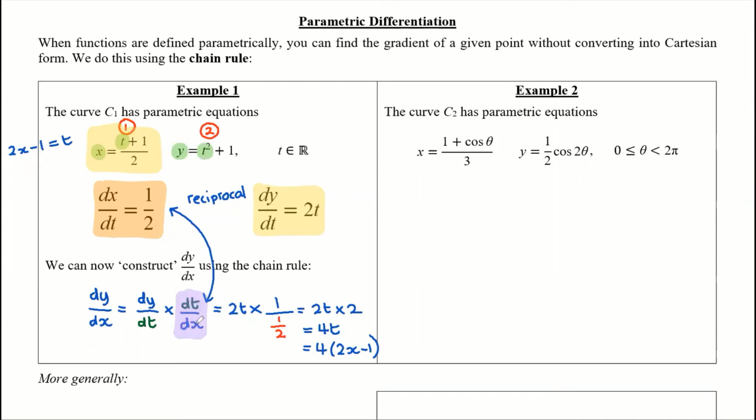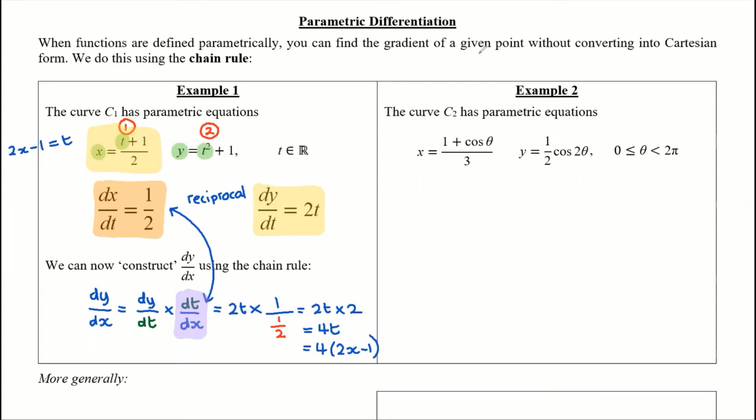So let's apply this to what was warm-up questions 3 and 4. We're going to differentiate x and y, and this time they are trig functions. If you want to do this yourselves, just pause the video, go through the stages, and then check that you agree with me once you've unpaused it.